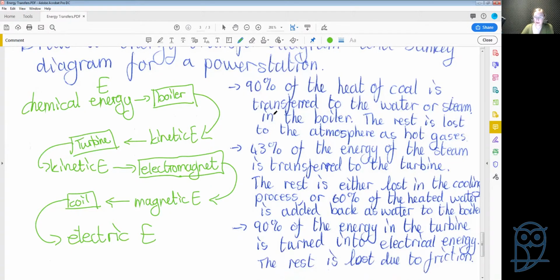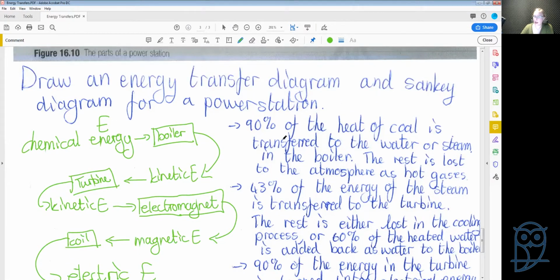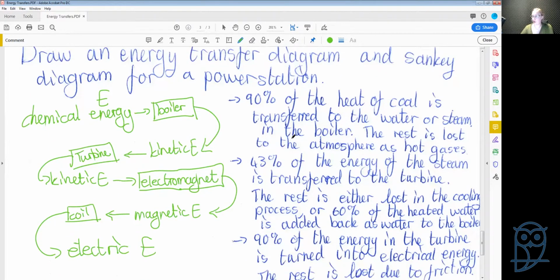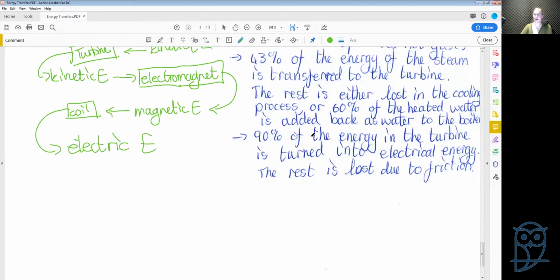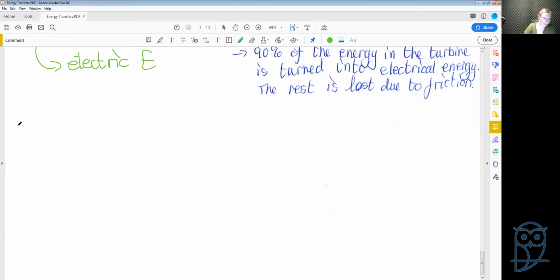So now if we want to draw a Sankey diagram, we need to take into account that we've got wasted energy at all of these points. So let's start with 90% of the heat of the coal is actually transferred to the water or steam. The rest is lost to the atmosphere as hot gases. So let's start with a rather big start over here.